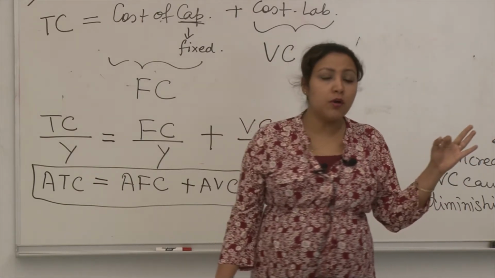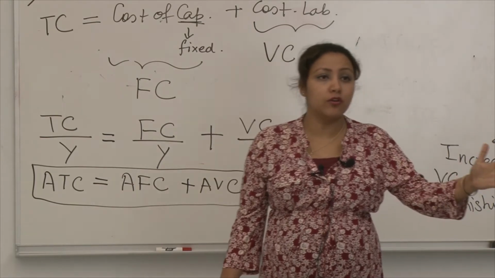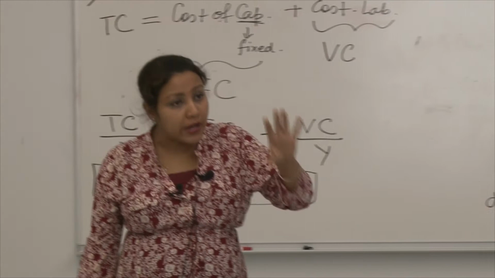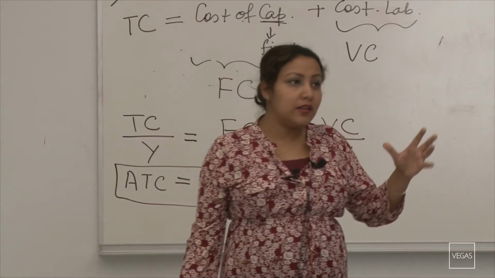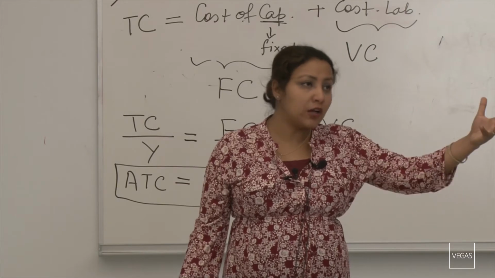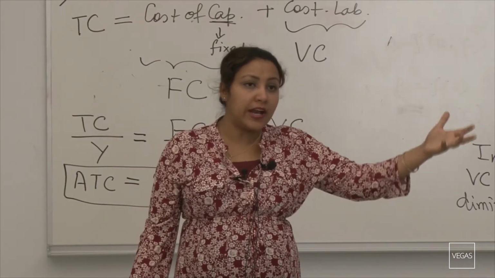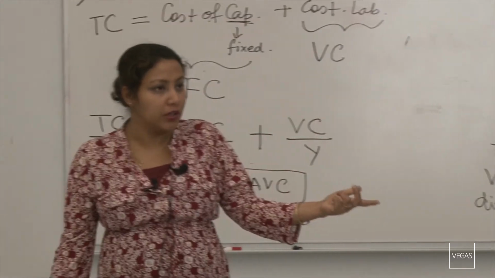We are not talking about an increase in the dollar bills, the green paper that goes out of the pocket of the business owner, but we are talking about effectively what it means for him. I would want to pay the same wage and get the same productivity from the person, but if I have to pay the same dollar amount and yet get less productivity, that is a harm for me.